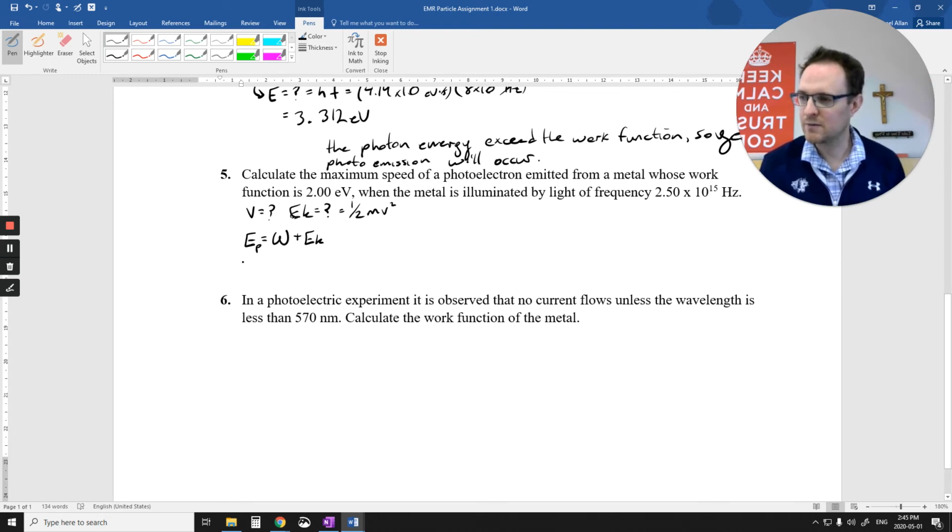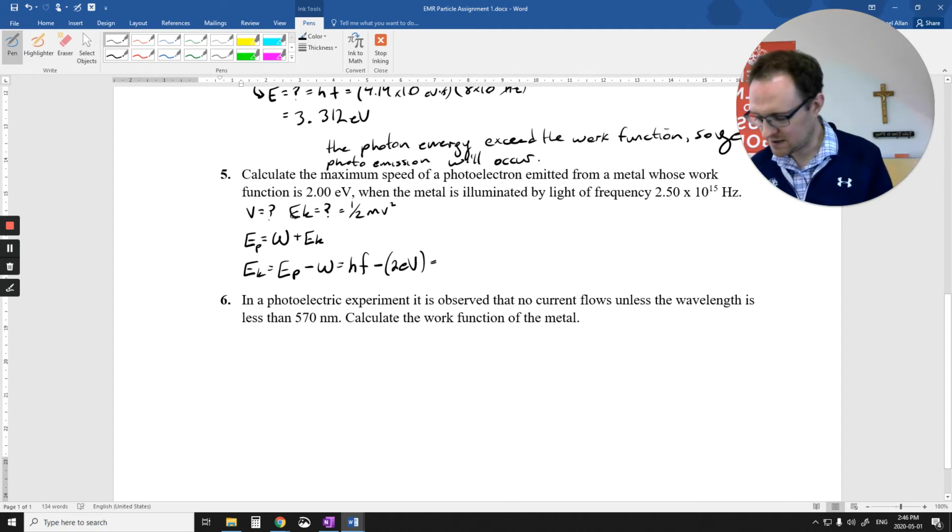So I am going to determine the EK in electron volts here. So I'm going to go the photon minus my work energy. I have to determine the photon's energy, so I'm going to go h times f minus this 2 electron volts that I have here. So for the h times f, I'm going to have to use the electron volt version because I want to compare these two numbers.